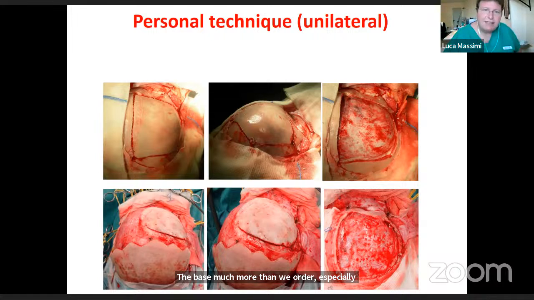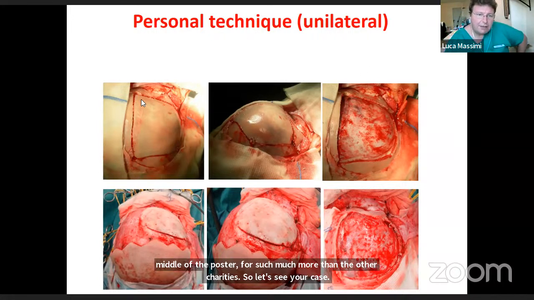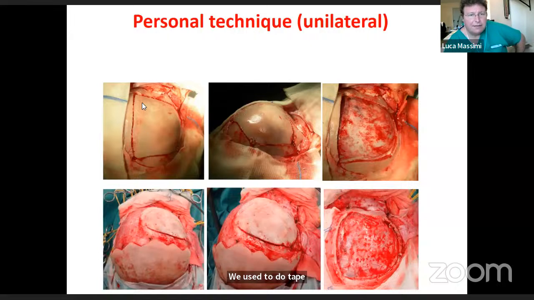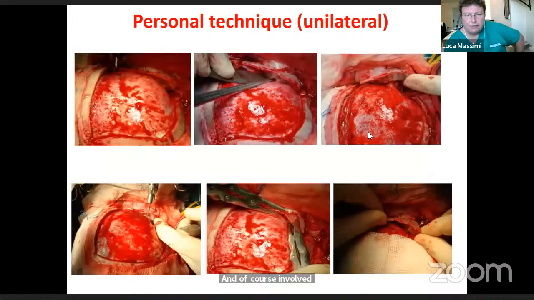In less severe cases, we used to do a trapezoidal craniotomy that is extended beyond the midline, and of course behind the involved coronal suture, to perform the orbitotomy, as shown before, with a subluxation of the orbit, but also with a reshaping of the orbit.